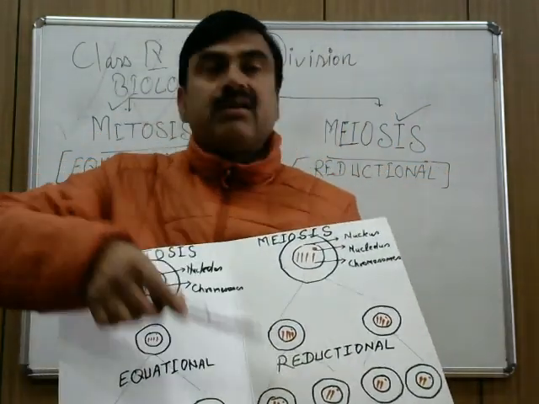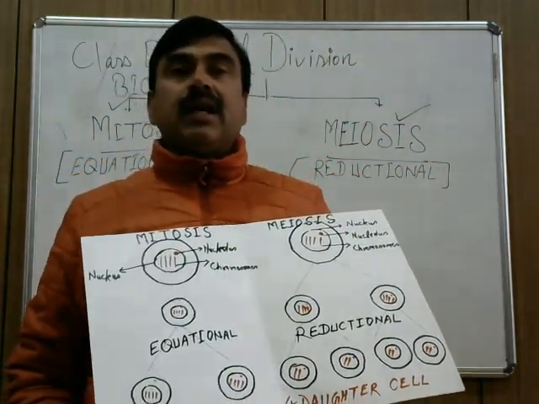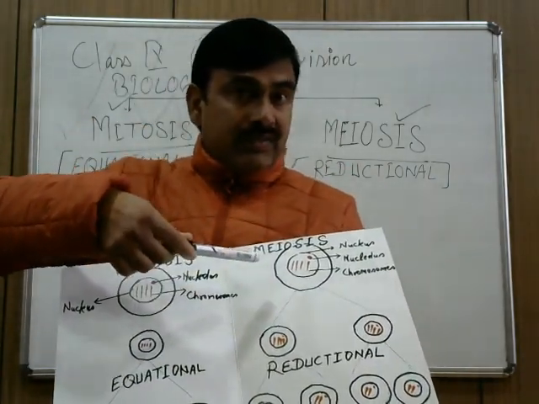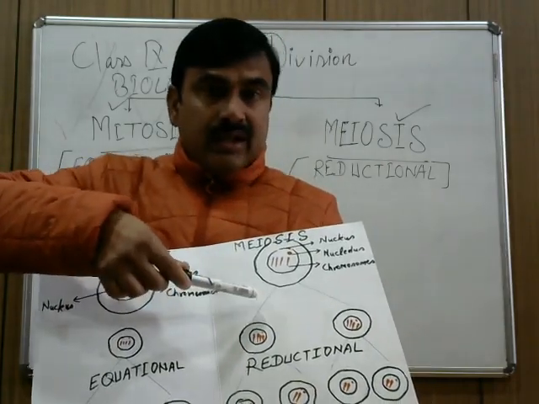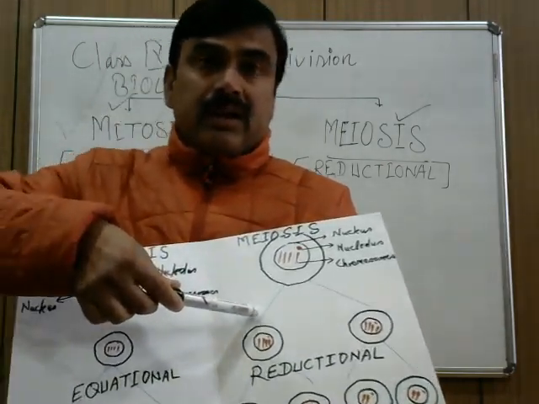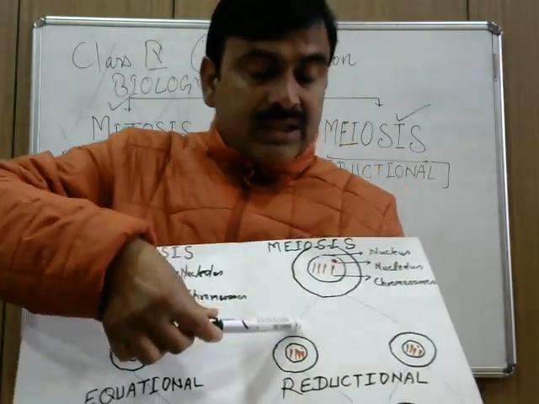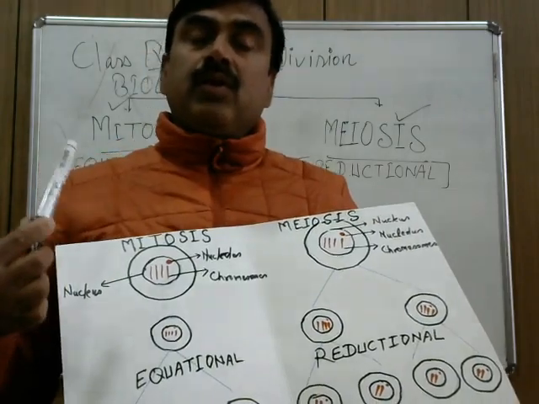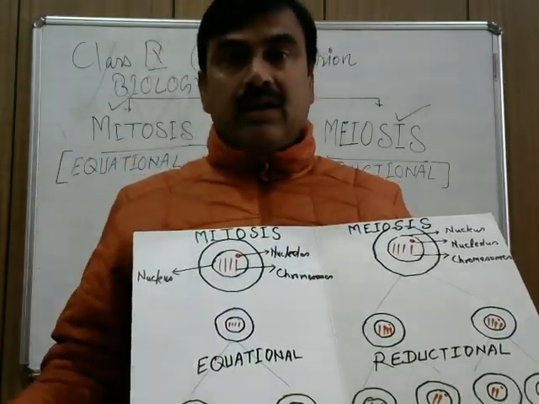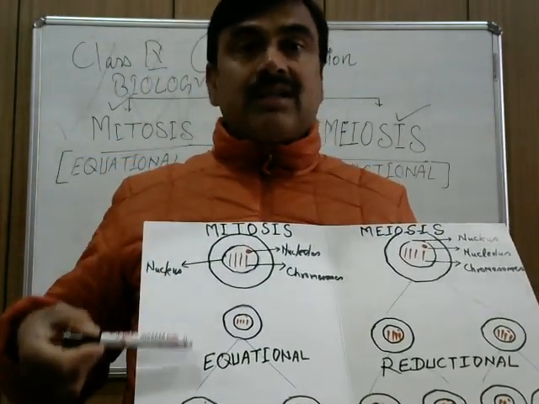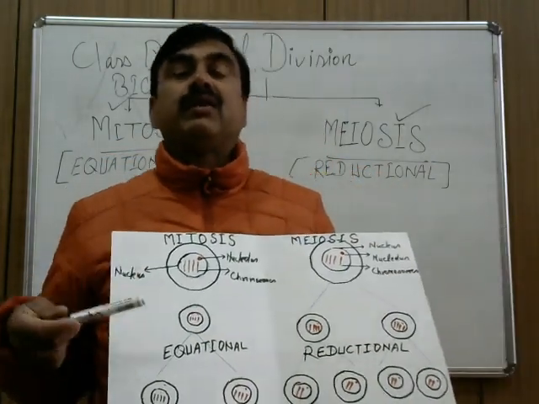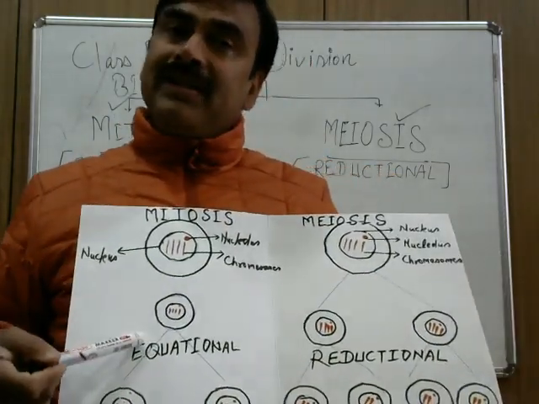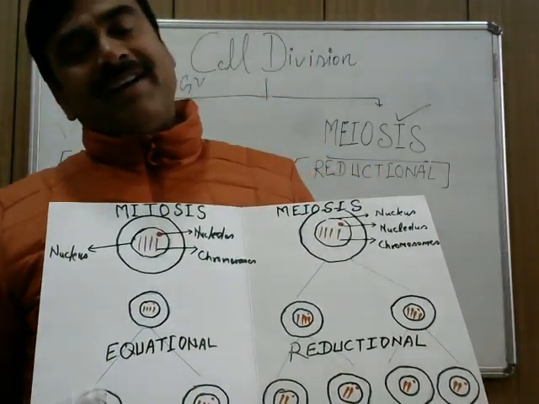That is why this is called reductional division, and it is a longer duration cell division. It is more compact. It has some subdivision stages. As you grow and reach higher classes you will learn the stages of mitosis. There are 4 stages. For your information, I will tell you: prophase, metaphase, anaphase and telophase.